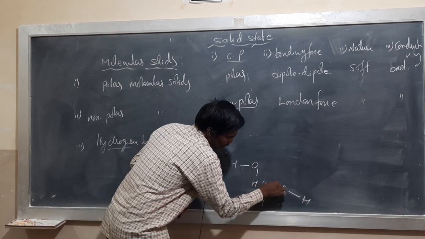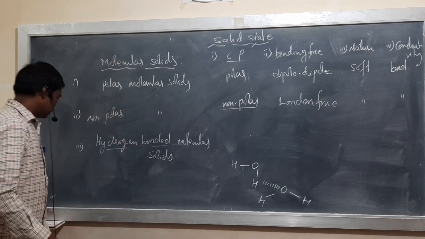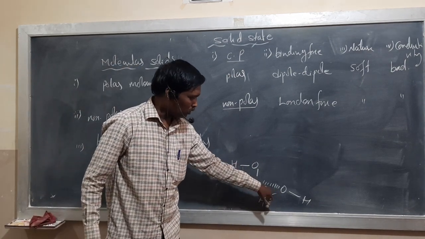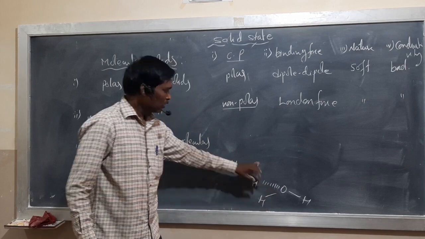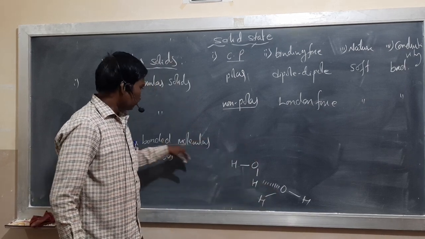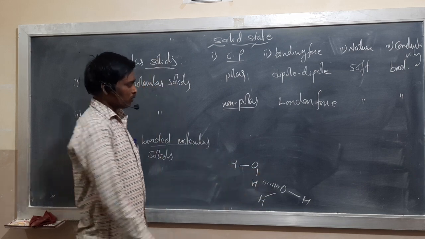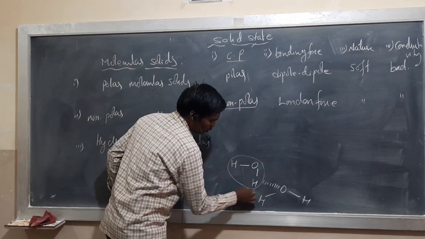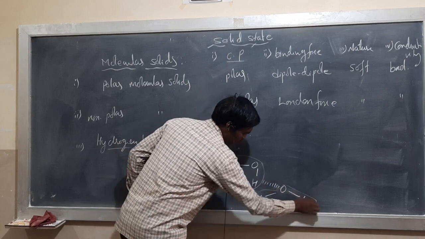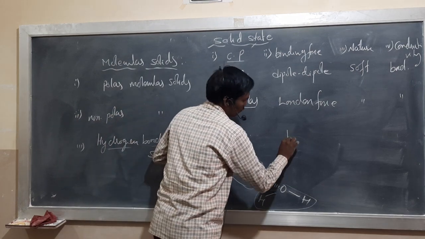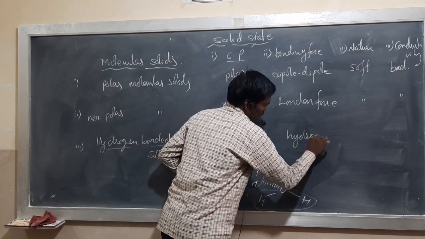There is a force of attraction present between the hydrogen and a highly electronegative element, oxygen. That bond we call a hydrogen bond. So in hydrogen bonded molecular solids, the hydrogen bond is present between the constituent particles. This is one molecule and this is another molecule, and the hydrogen bond is present between the molecules.